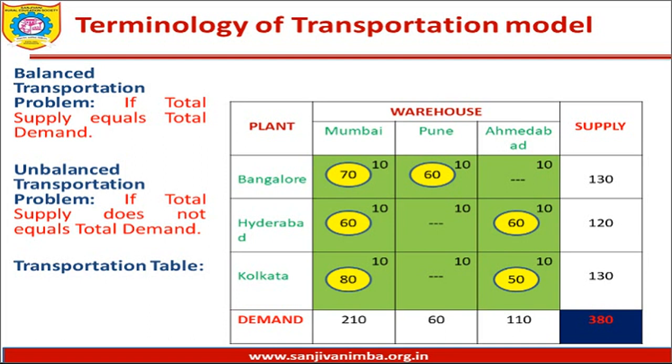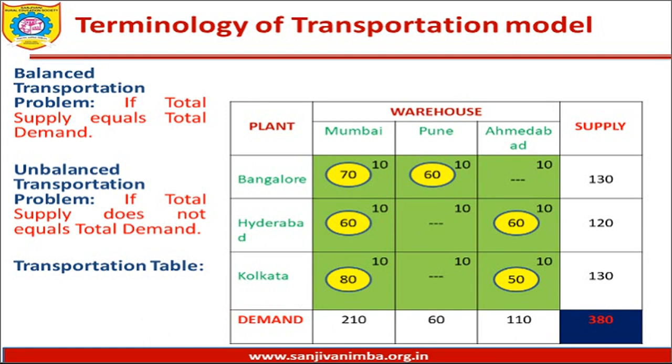So it indicates that from the Bangalore plant there is no supply to the Ahmedabad warehouse, whereas the cost of transportation per unit is rupees 10 from Bangalore to Ahmedabad. Similarly, you can understand the remaining values mentioned here associated with various other plants and other warehouses. Okay, so this is the transportation table.